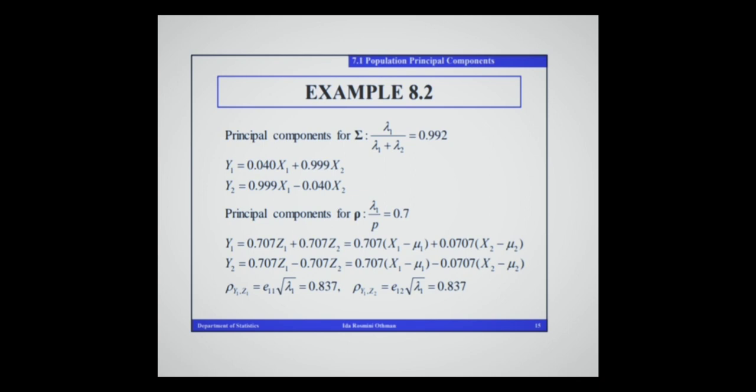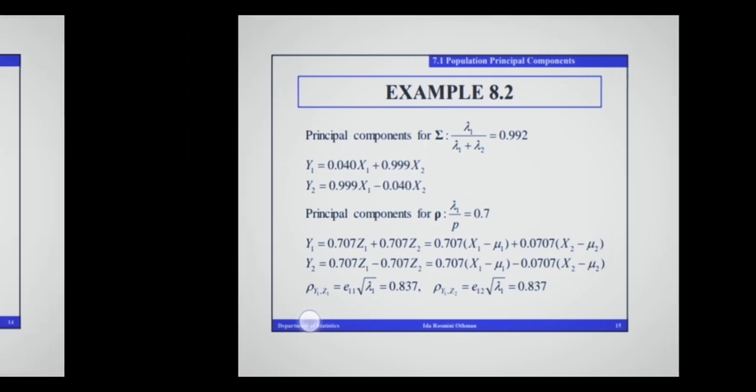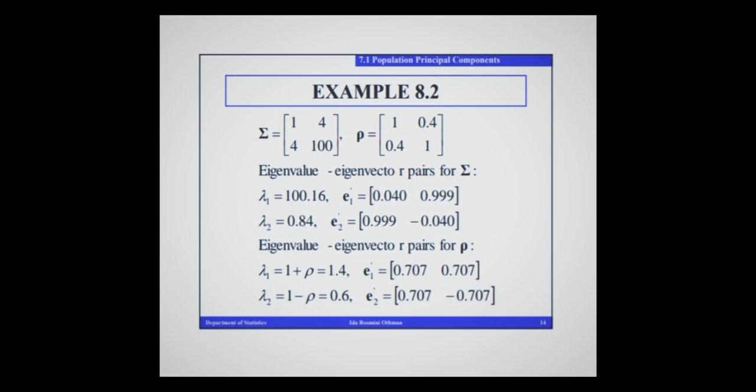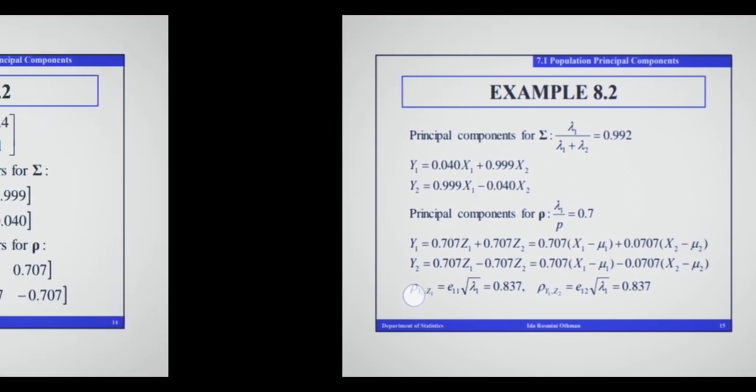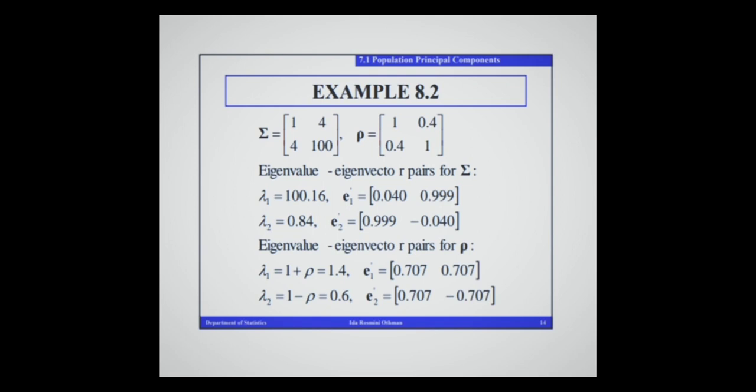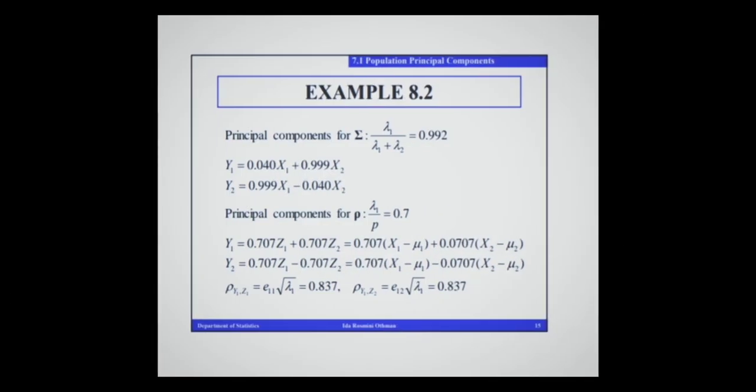So the square root of lambda 1, okay, lambda 1 just now was 1.4. So multiply with E11, which is an element in the normalized eigenvector. So 0.707 multiplied by the square root of 1.4, you will get 0.837.